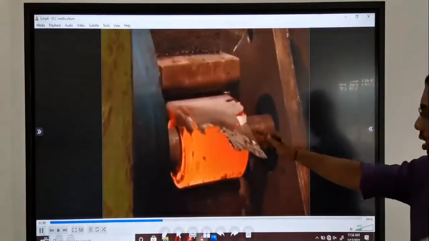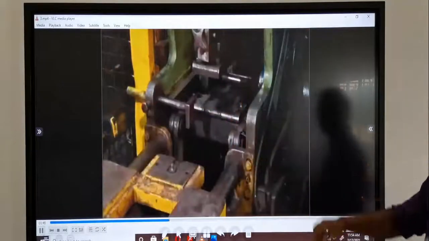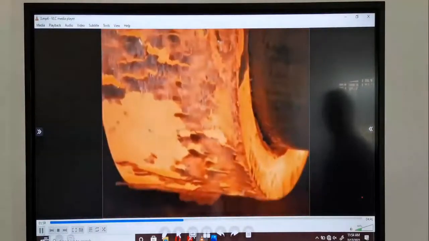Now bending, bending or rolling that edge. Here there is a bolt fixed in the leaf spring, so the bolt ends are bent to fix with the bolt.